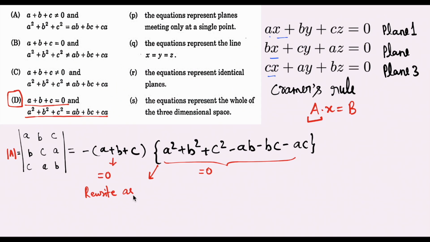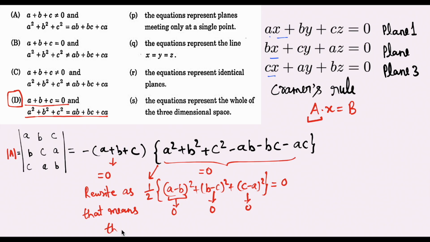So now moving on to our next option D, a plus b plus c is equal to 0, and by using another condition, a square plus b square plus c square equal to ab plus bc plus ca, we rewrite the other factor in the form of a minus b whole square, and then by using some simple math we found out that a is equal to b is equal to c.